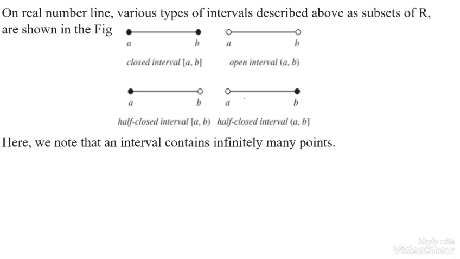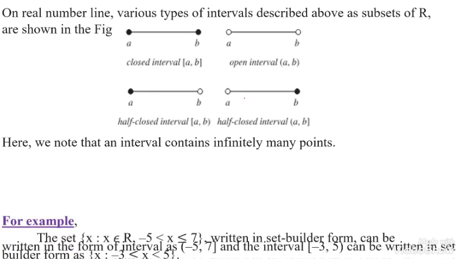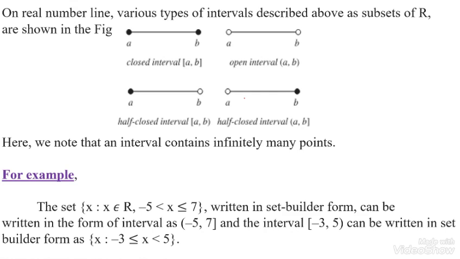Now move on to the next concept. Here we note that an interval contains infinitely many points. Interval means in that range so many points are there. We exactly don't know about the points. For example, we will discuss an example here. The set of x such that x belongs to the real numbers, minus 5 is less than x less than or equal to 7, written in set builder form, can be written in interval form.